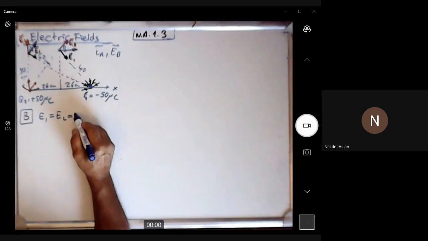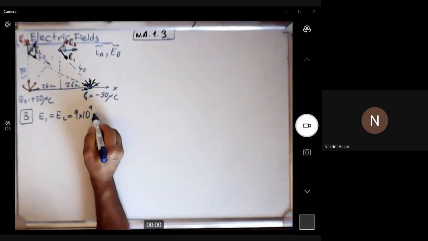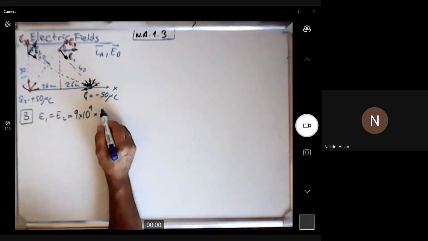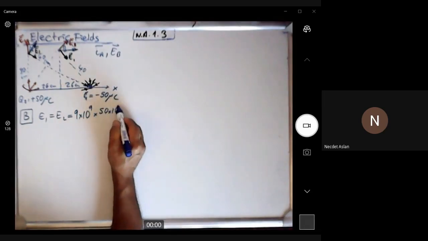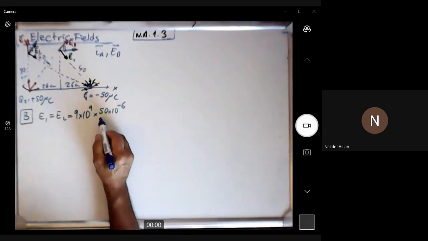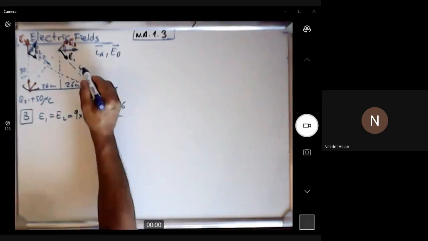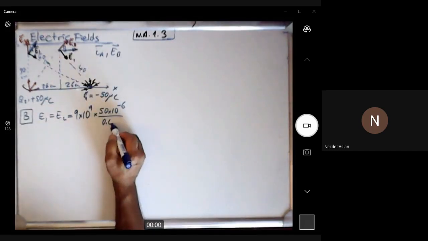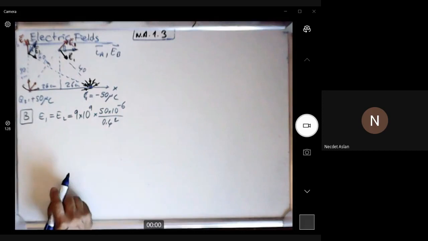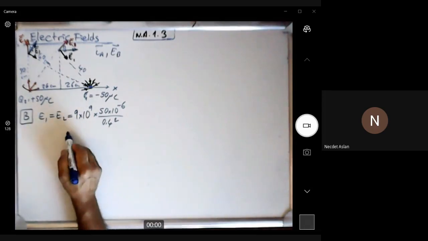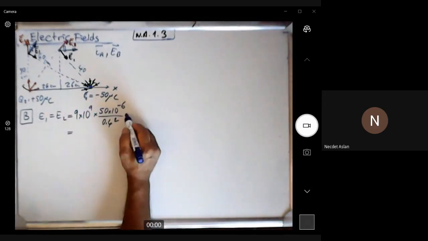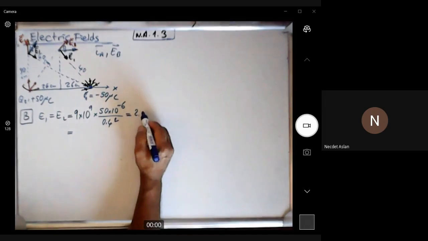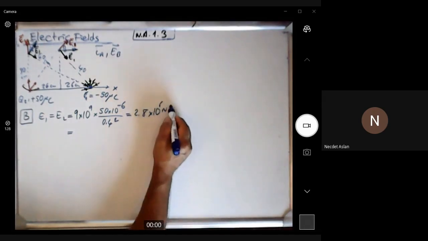So it's K, which is 9 times 10 to the 9, times charge, which is 50 times 10 to the minus 6. Micro is 10 to the minus 6, divided by the distance squared. Don't forget, this is in centimeters, so it's 0.4 squared. So if you just do this product, you will see that the result will be equal to 2.8 times 10 to the 6 newton per coulomb.